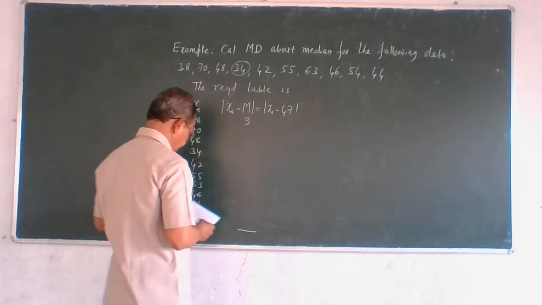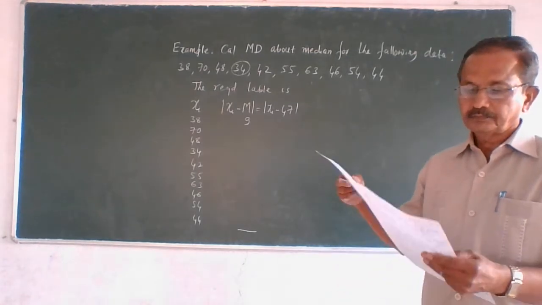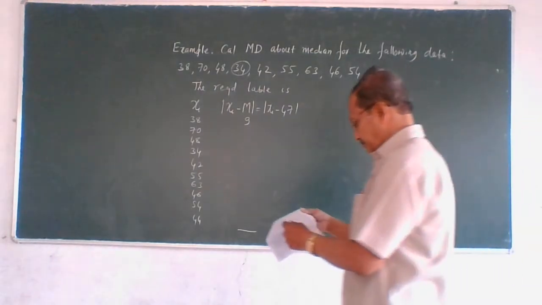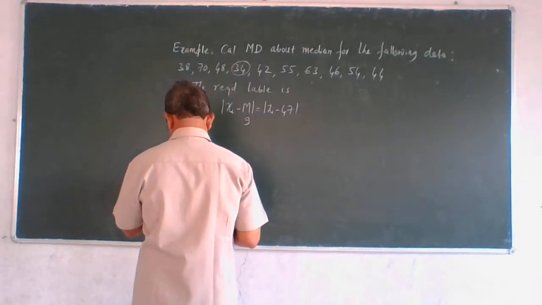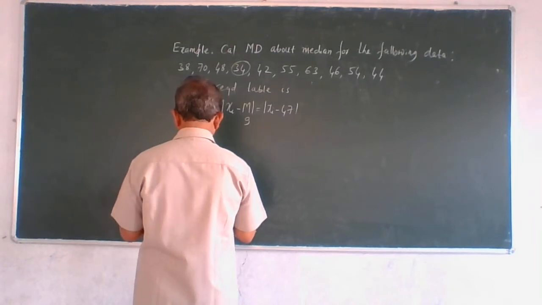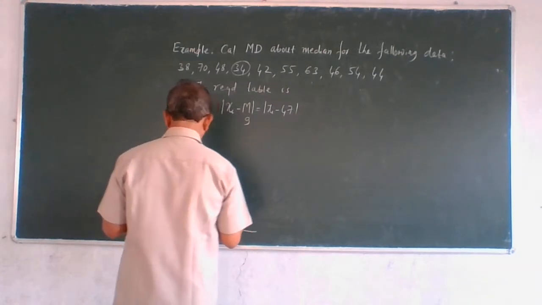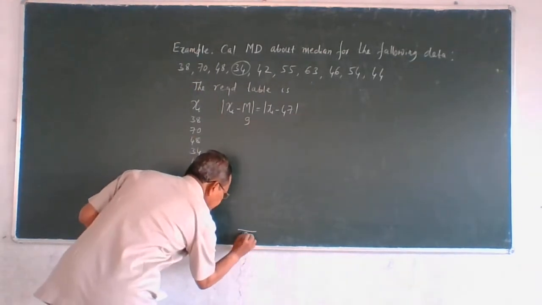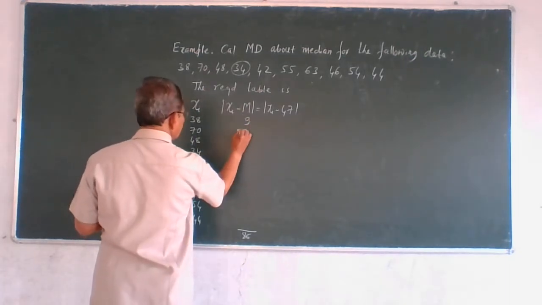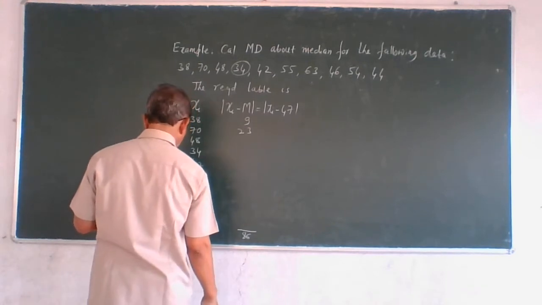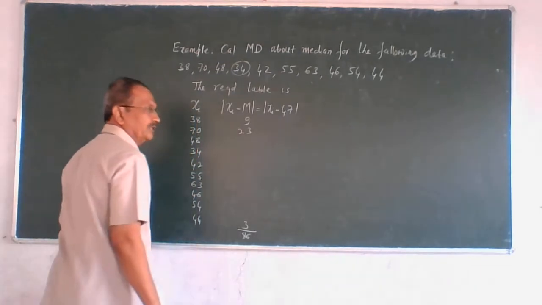This total is 86. This is 9, next 23, and last one 44 minus 47 is 3. This total is 86.